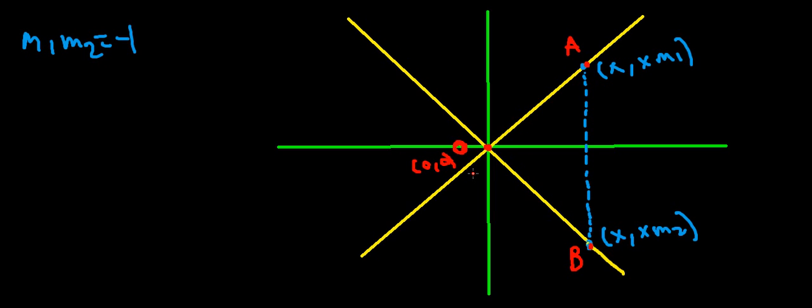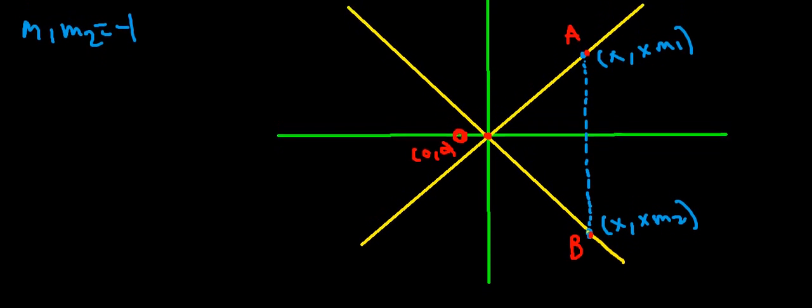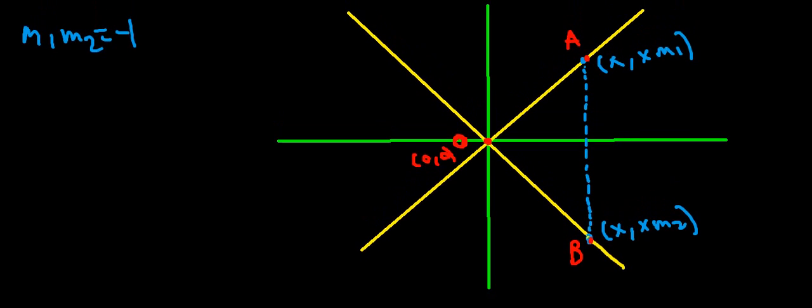Then we use the Pythagorean Theorem, simplify that down, and we'll get our proof. So let me start with OA first, then OB, and then AB.